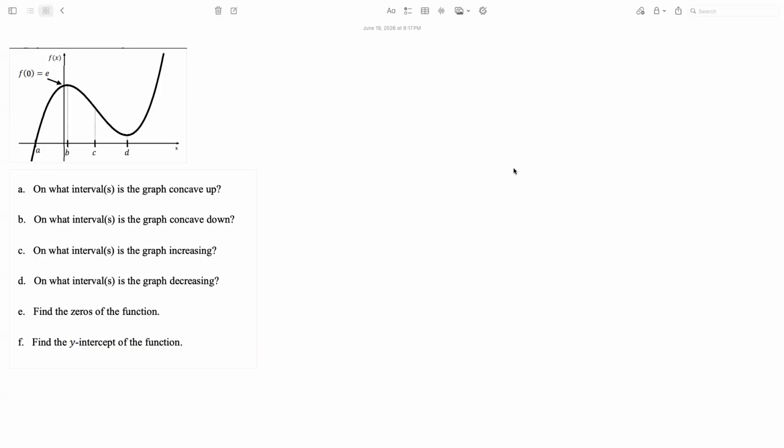Less than C. What interval is it? A concave up. Really? Concave up is. What did I do?